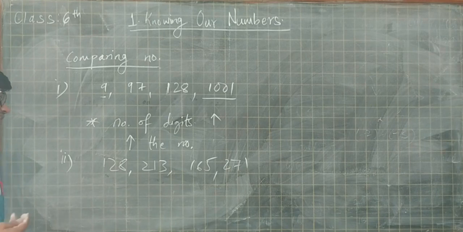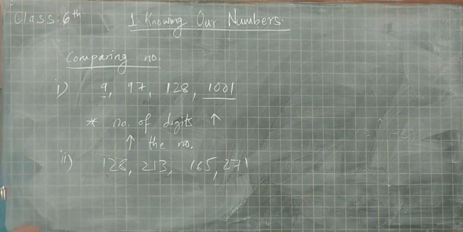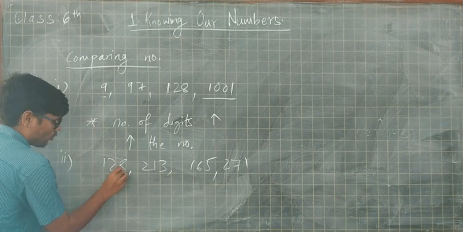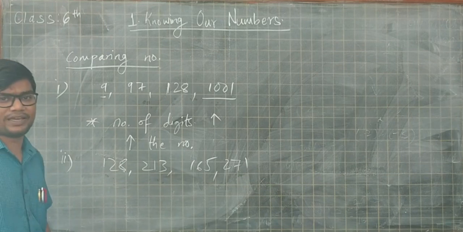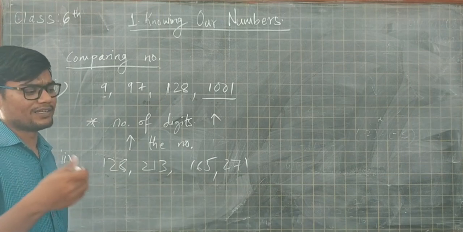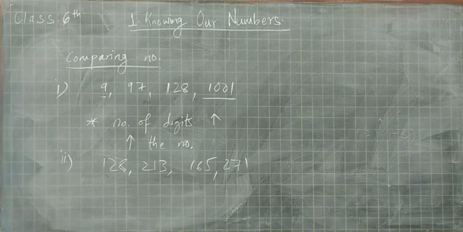So what we can do is look at the numbers placed at the higher place values. This place we can call the ones place or units place, and regarding these place values, we will learn in the upcoming modules.